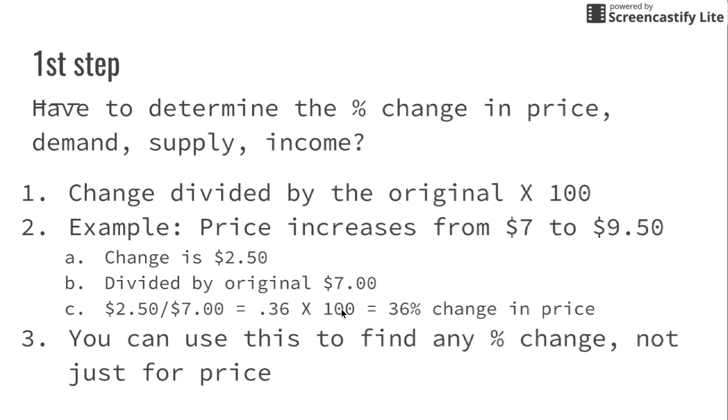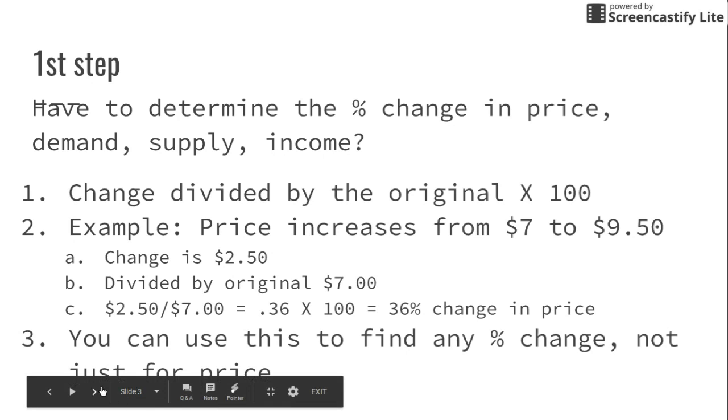Then you multiply that by 100 to put it into a percentage, and you get 36%. You can just repeat this for demand. So say demand decreased from 10 units to 8 units. It's a difference of 2. So it would be 2 divided by 10 times 100. That's the formula to determine any percentage change.